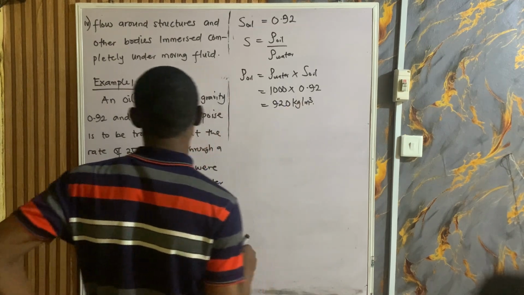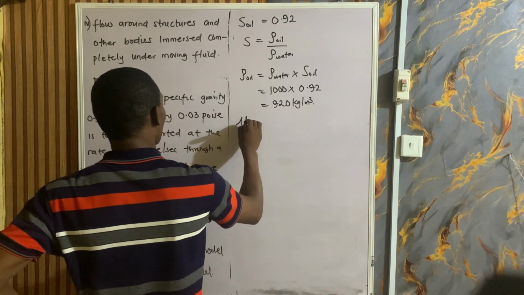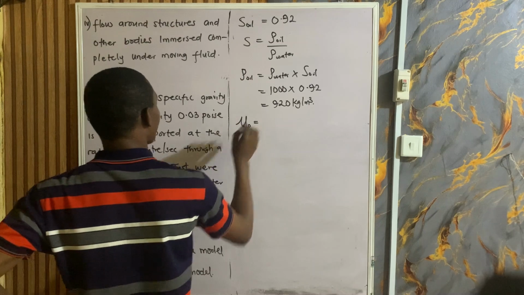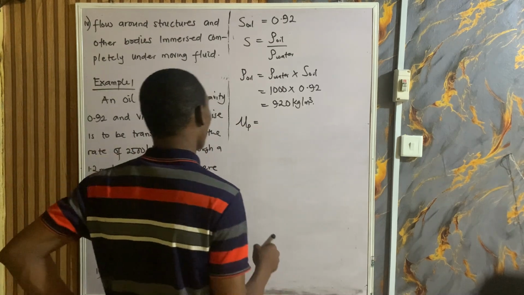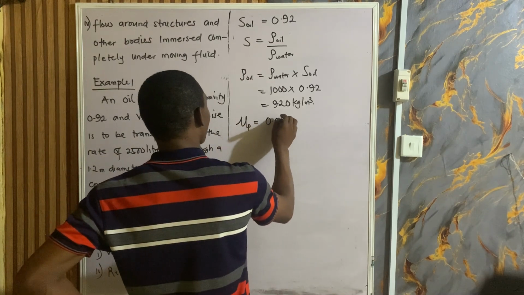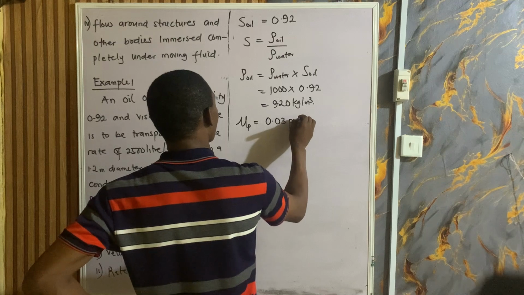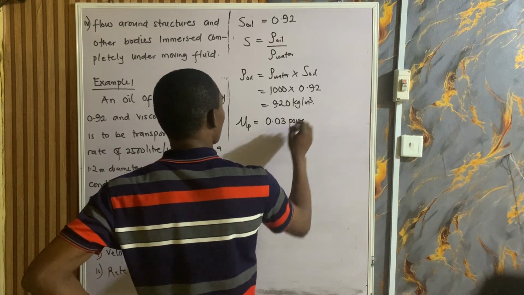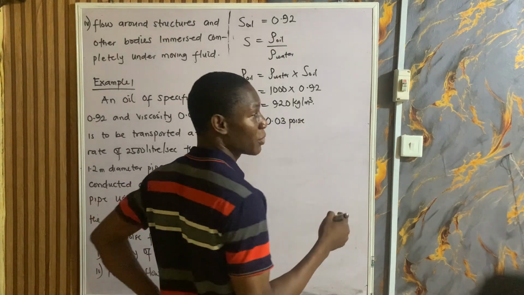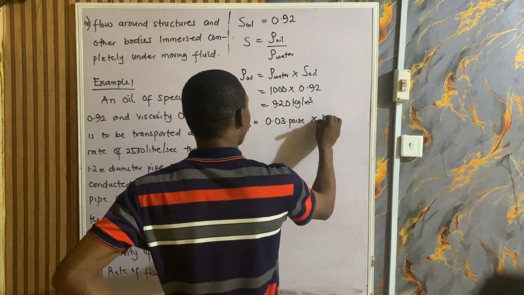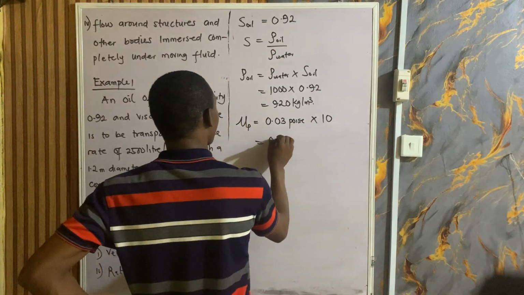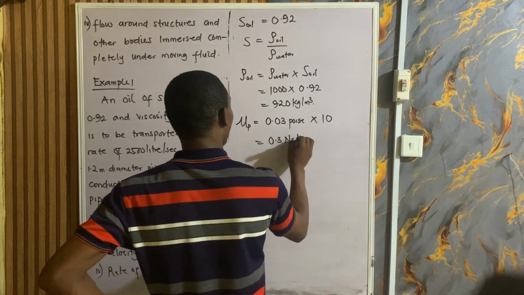Again, we are given the viscosity of the prototype, since that's the viscosity of the oil. That's given as 0.03 poise. So I want to convert to Newton seconds per meter square. So just multiply by 10. That will be 0.3 Newton seconds per meter square.